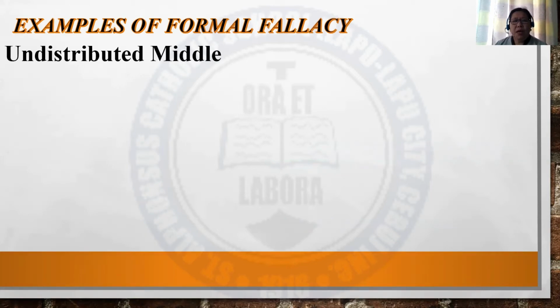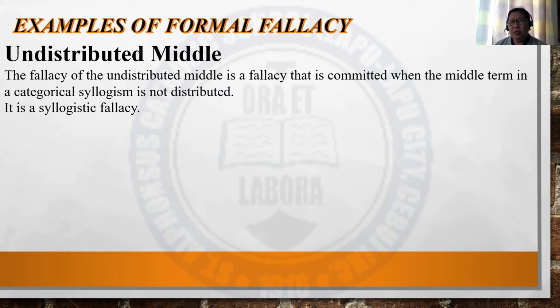Next, for undistributed middle. The fallacy of undistributed middle is a fallacy that is committed when the middle term in a categorical syllogism is not distributed. It is a syllogistic fallacy. For example, the first premise is all triangles are polygons.